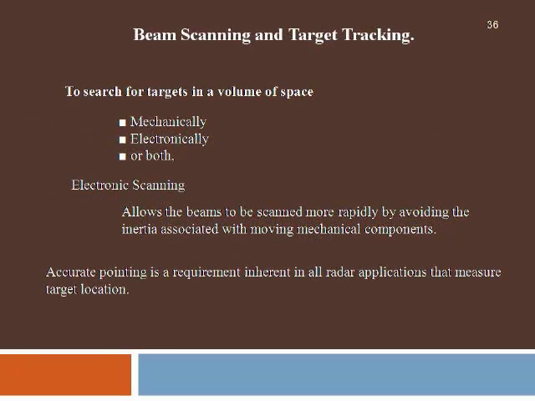Then, what are the jobs that will be done by these radar antennas? One is beam scanning and the other one is target tracking. To search for targets in a volume of space, we call it scanning. Here the antenna may be moved either mechanically or electronically or both ways.